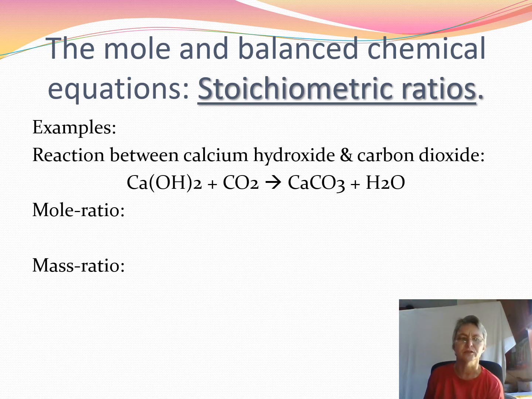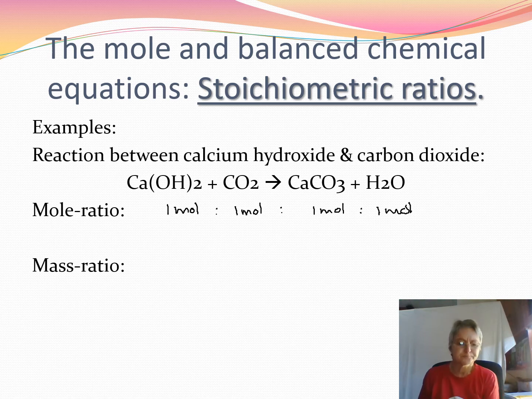The mole ratio is the stoichiometric ratio given by the balanced equation. So 1 mole of calcium hydroxide will react with 1 mole of carbon dioxide to give 1 mole of calcium carbonate and 1 mole of water.